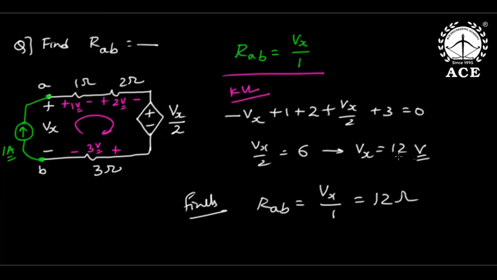We should include the internal resistance, so I apply Ohm's law. I injected current and I got the voltage by KVL. Because the current of 1 ampere is in series, the voltages are easy to find. So I wrote a KVL and I got the answer.